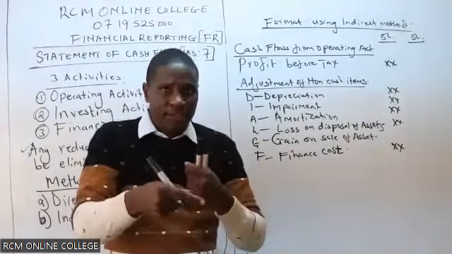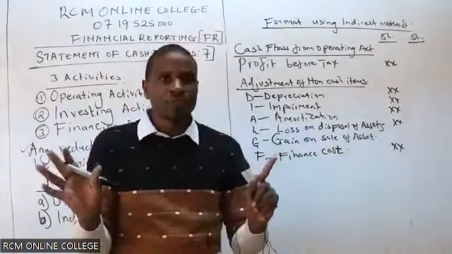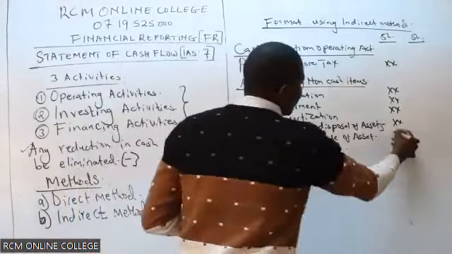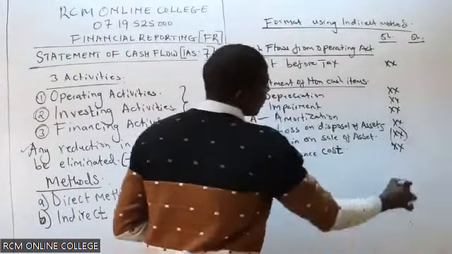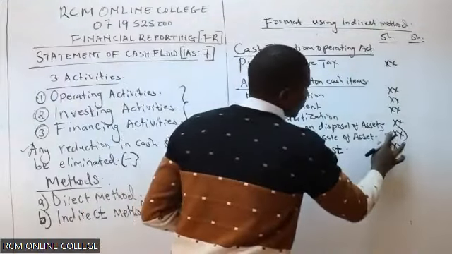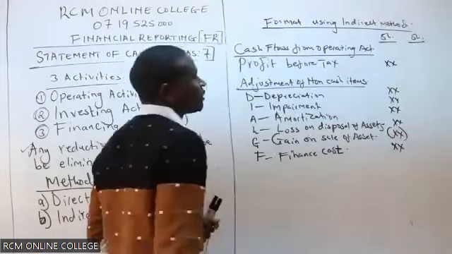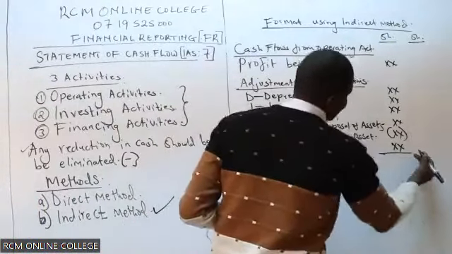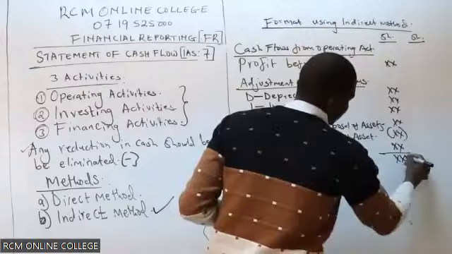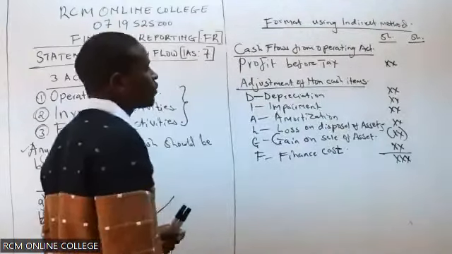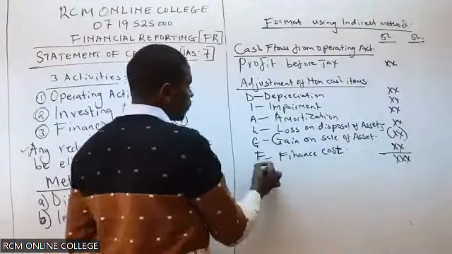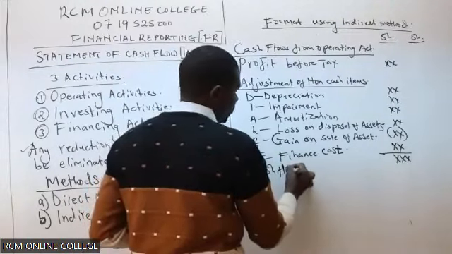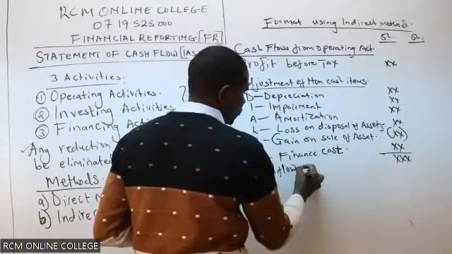We add it in the income statement, so when it comes to cash flow we shall be subtracting. And with that, we shall have adjusted the first part. For that one, you can say, this is cash flow before changes in working capital.